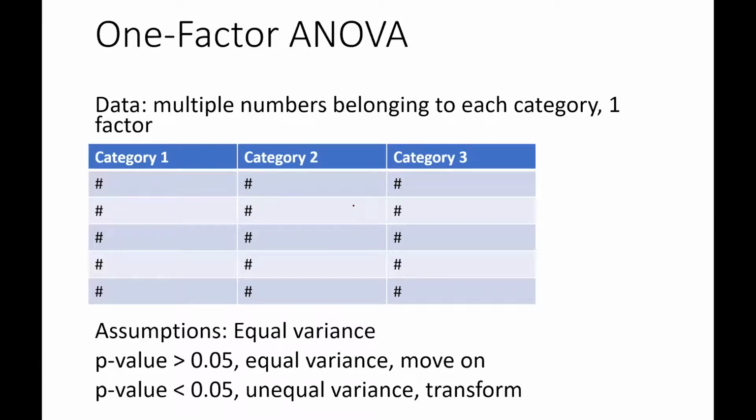So only one factor. All of the numbers here are for the same type of measurement in the same units. It's essentially like a t-test, like a 2-sample t-test, but 3 samples or 4 samples or 5 samples instead.